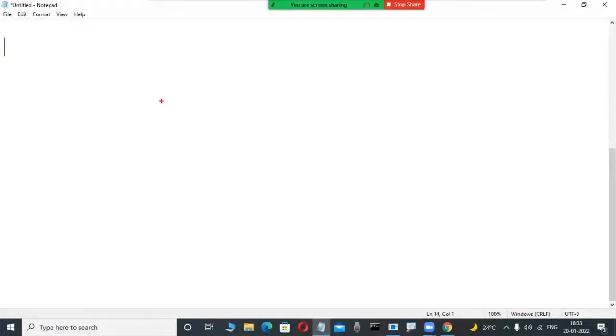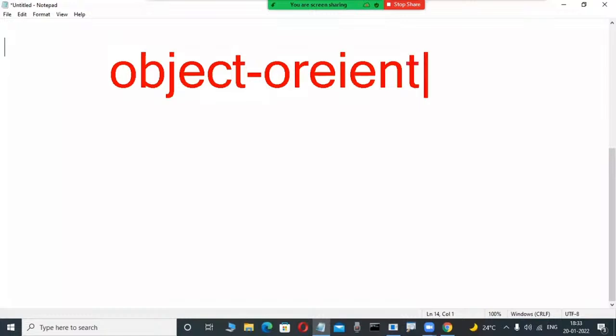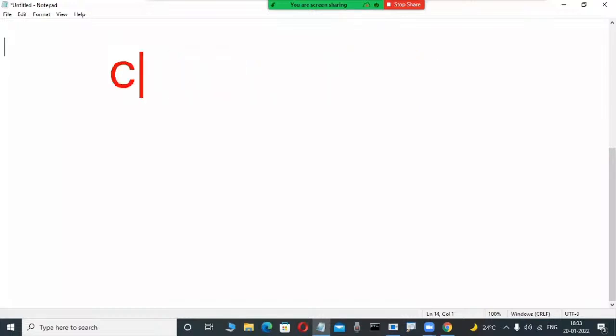Suppose there are so many object-oriented languages worldwide. Maybe so many fellows have an idea. What are the object-oriented languages? C++ is an object-oriented language. Java is a popular object-oriented language.